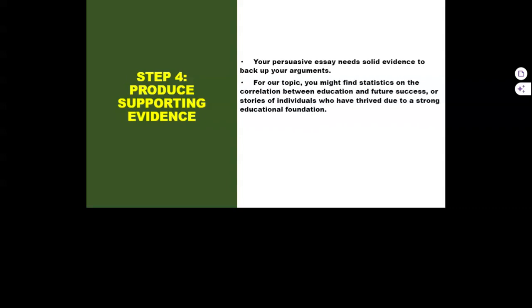For our topic, which is on education being the best policy or the best legacy parents can give to their child, if you are handling such a topic, you might find statistics on the correlation between education and future success, or you find stories of individuals who have thrived due to a strong educational foundation. Just something to highlight the importance or the benefits of education in a child's life.